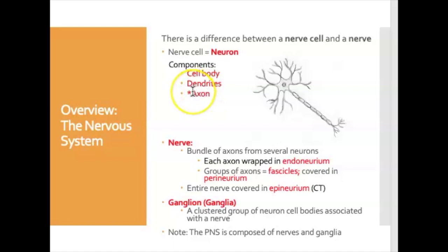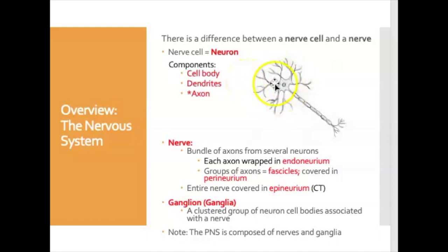You'll notice I have an asterisk next to the word axon, and that's because different neurons within the nervous system may have one axon, they may have more than one axon, they may not have any axons. So it does vary as you look at different regions of the nervous system. But generally speaking, a neuron has these three parts.